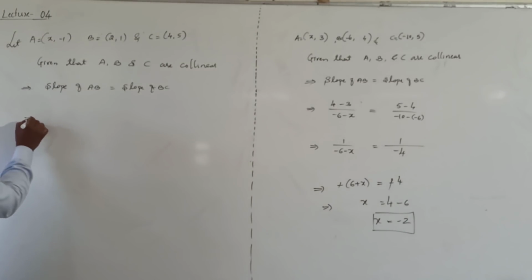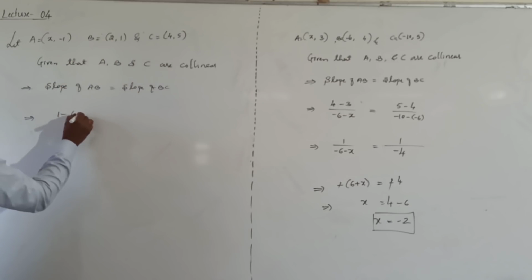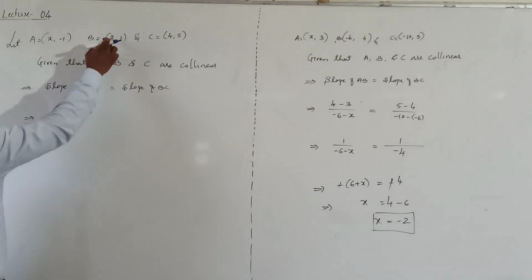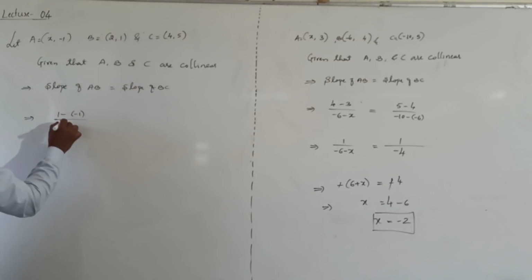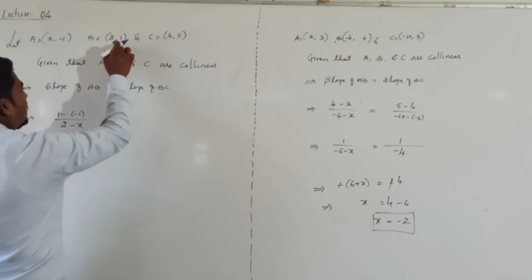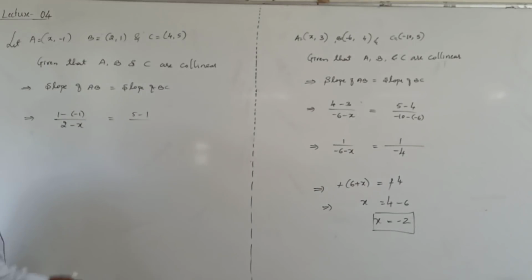Slope is (y2 minus y1) divided by (x2 minus x1). So slope of AB is (1 minus (minus 1)) divided by (2 minus x), which equals slope of BC, (5 minus 1) divided by (4 minus 2).